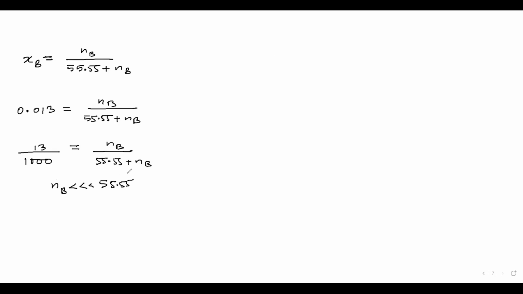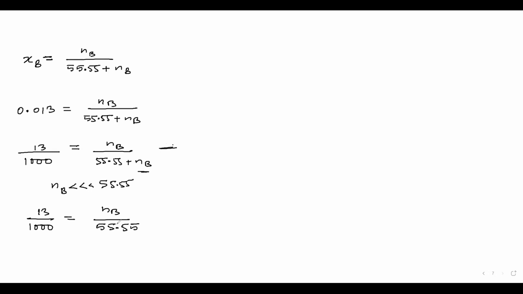It's negligible. So I will write 13 by 1000 is equal to NB upon 55.55. Otherwise, this will become a quadratic equation, then you have to do some major calculations.